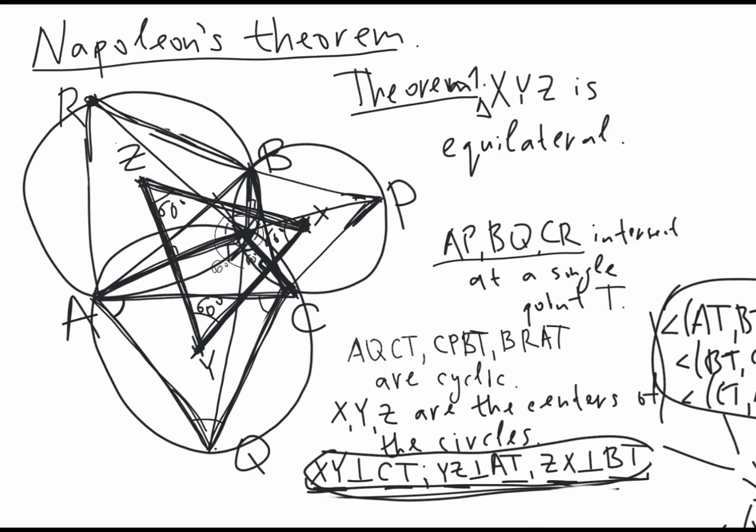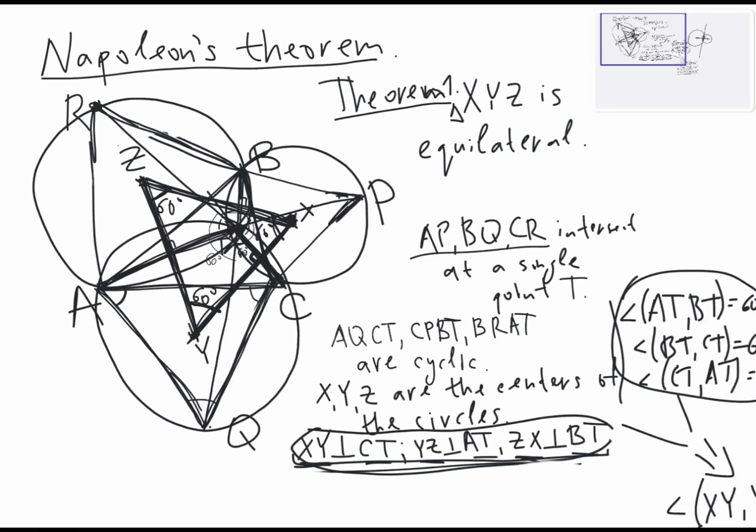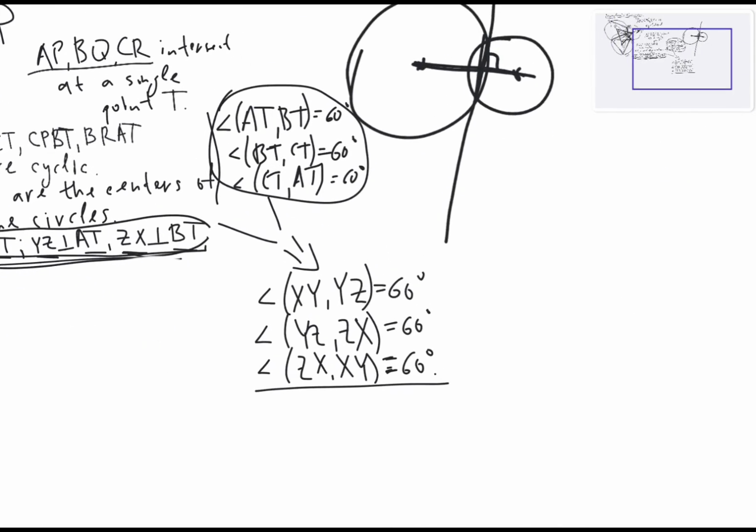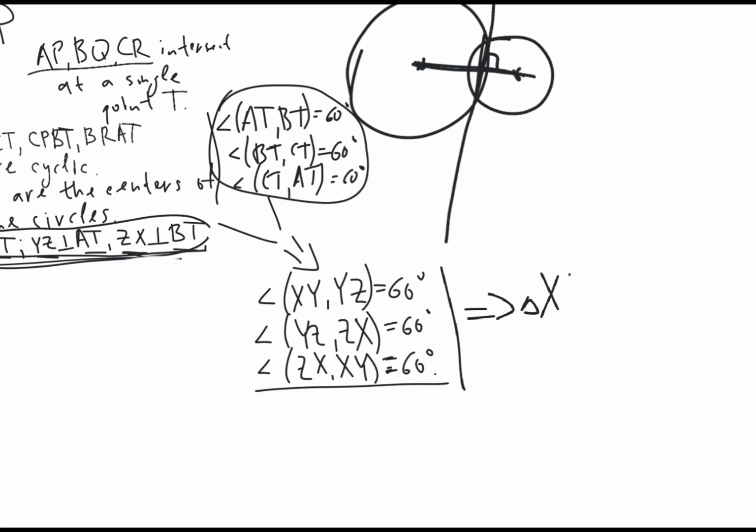It means that these are the angles of the triangle, and this implies that this triangle is equilateral. So let's write this. So these angles are 60 degrees. From this it follows that the triangle XYZ is equilateral. And this concludes the proof.